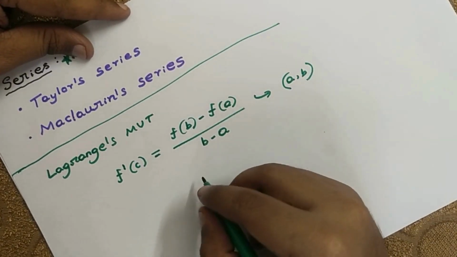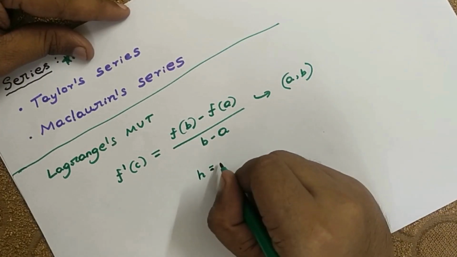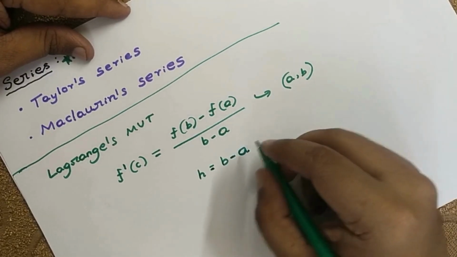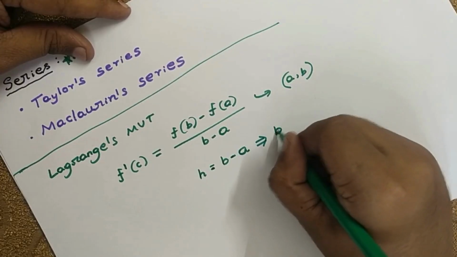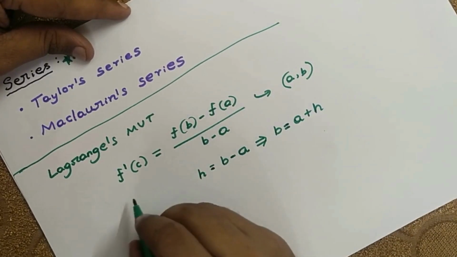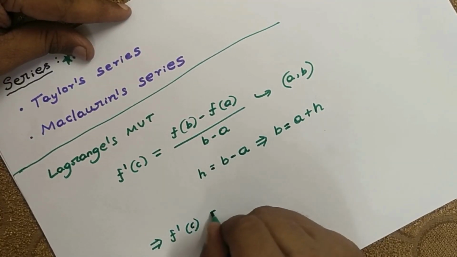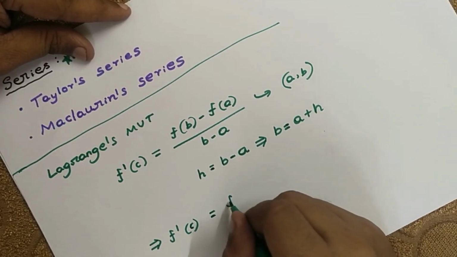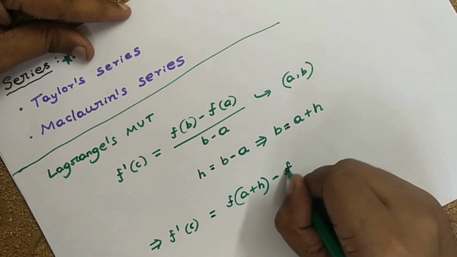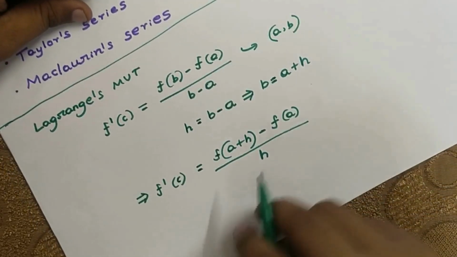Let's take h as the total length of the interval, in the sense the difference b minus a. So b minus a is h, which implies b is equal to a plus h. Let's substitute this in the equation, so f dash of c is equal to f of a plus h minus f of a upon b minus a, which is h.